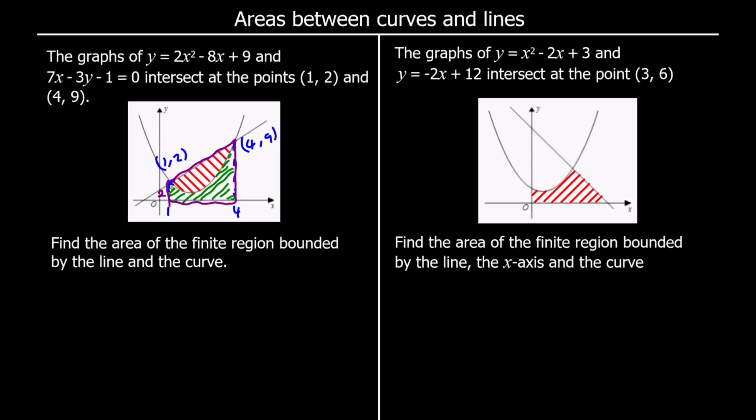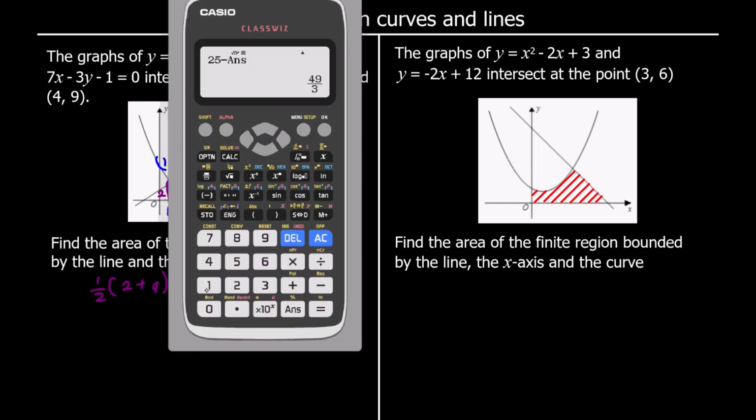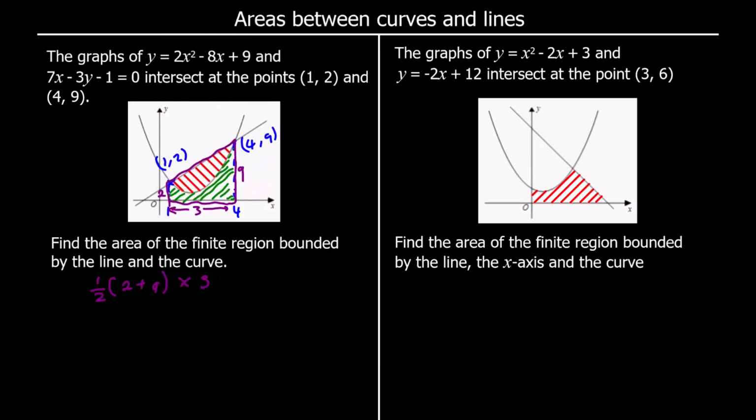So we've got 2 here, 9 here, and a base of 3. So the area of a trapezium is half the sum of the parallel sides times the distance between them. So half of 2 plus 9 times 3 is 33 over 2.